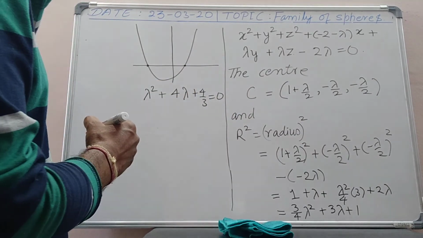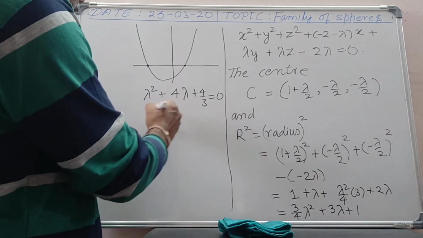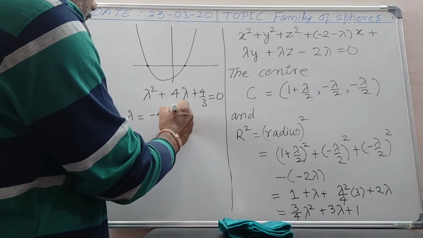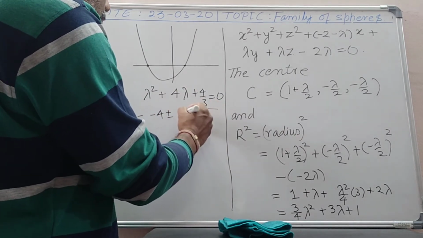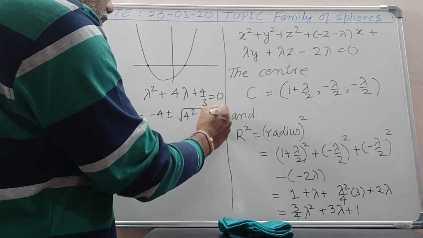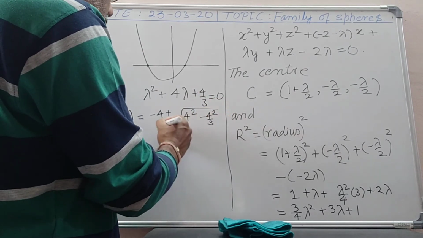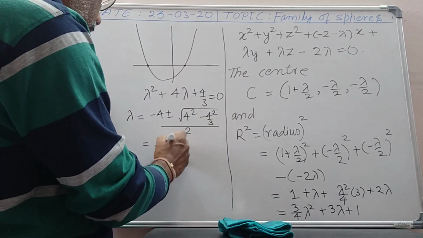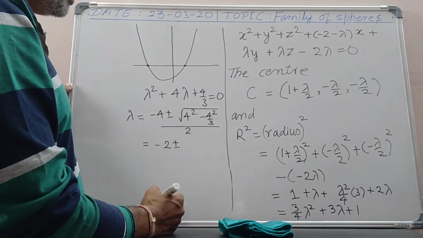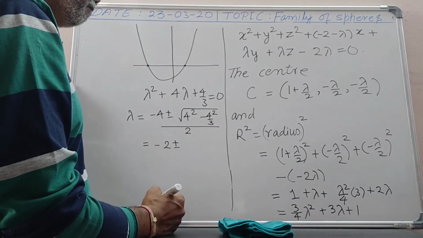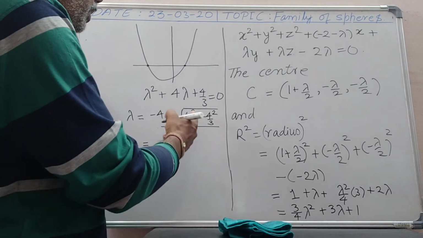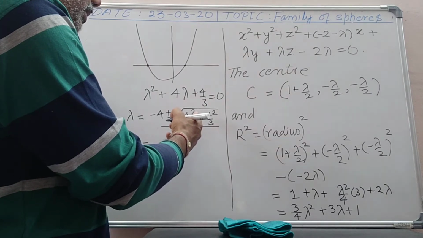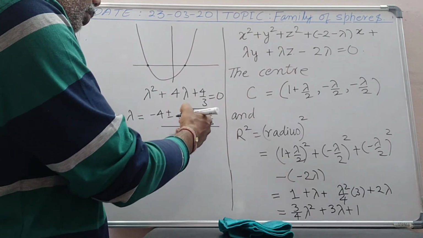I wish to look at this. So what are the roots of this quadratic? Lambda will be equal to minus 4 plus minus under root b squared minus 4ac, divided by 2. So this is the same as minus 2 plus minus under root of 16 minus 4 times 4 by 3, divided by 2.